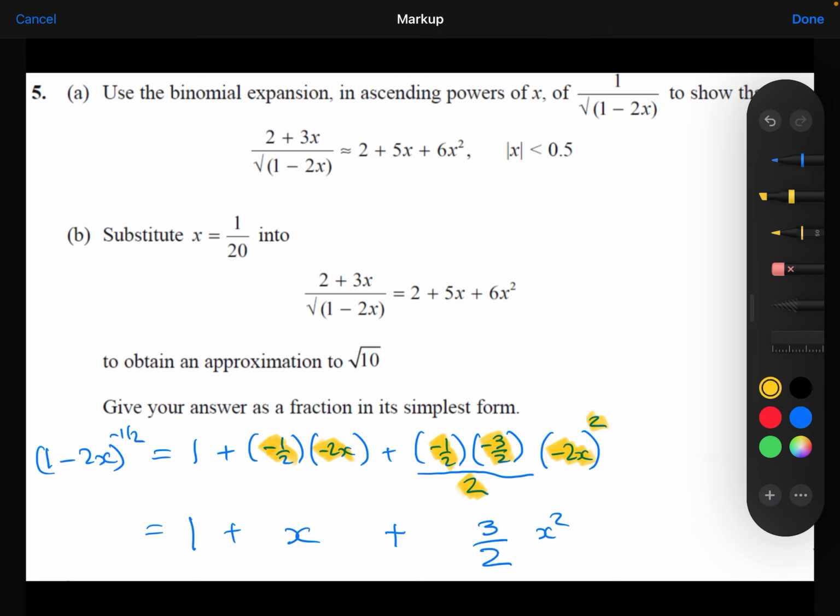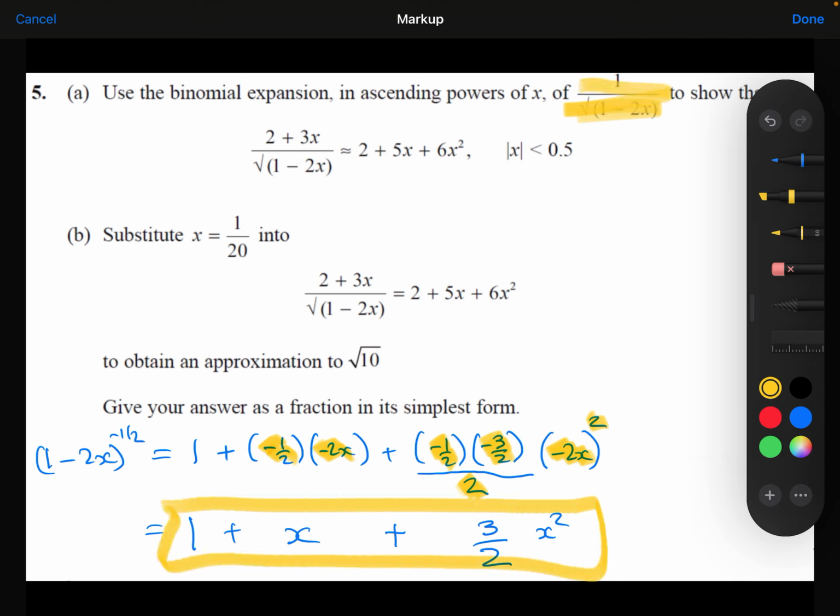So we have shown that this is the same thing as this. The question then is, how can I use that to help me with this? Well, first thing to note is I can think of this as being 2 plus 3x multiplied by 1 over the square root of 1 minus 2x.